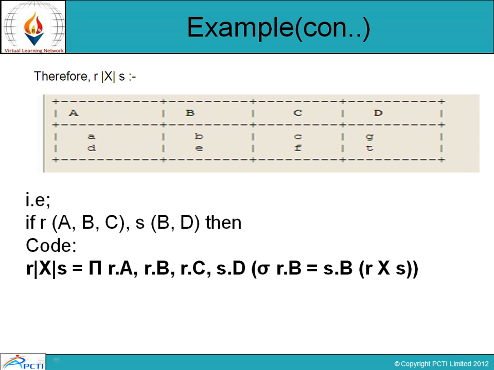We can extract the data with this query: R Cartesian product S, and pi with the projection of columns R.A, R.B, R.C and S.D, with the select symbol on matching the B attribute of R and the B of S being equal. Then it combines all possible combinations.